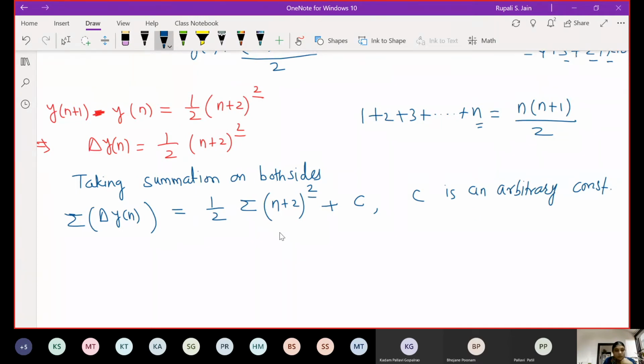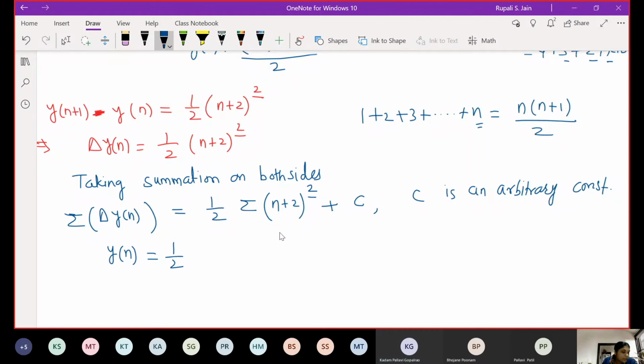Yes. So what is summation of delta yn now? Integration of differentiation, what do we get? Just the original function. Summation of delta yn is just yn. 1 by 2 is as it is, summation of n plus 2 to the 2 falling.